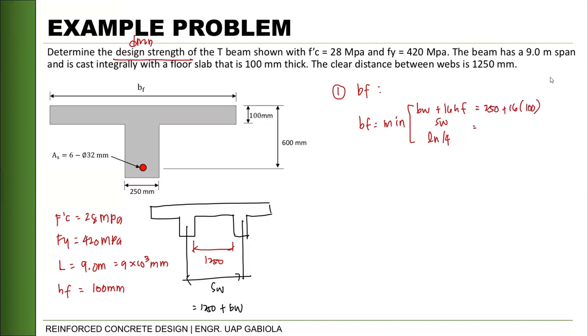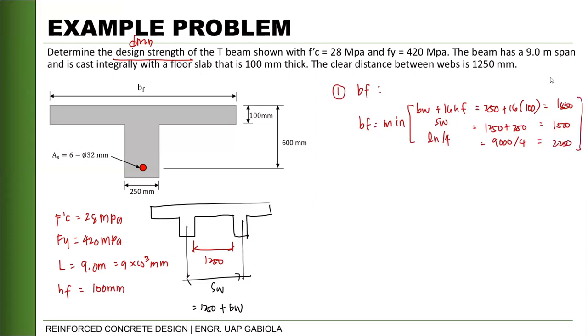We have Sw that is 150 plus 250. And then we have 9,000 divide 4. So ilan yung mga yan? So for the first one, we have 1,850. We have 400. And then we have, I think this is 2,250. Okay.